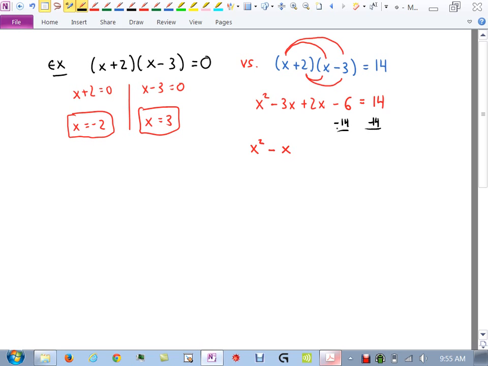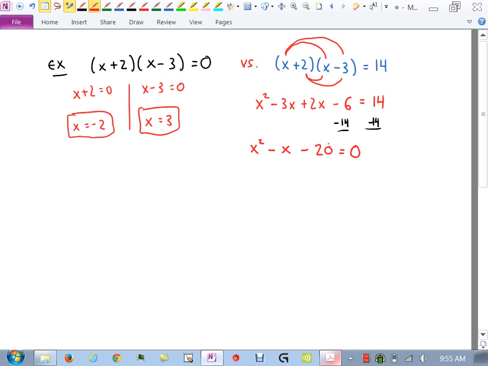And when you do that, I get what? On the right side, I get what? 0, which is what I want. But on the left side, what's negative 6 take away 14? Negative 20, right? Now what we have is a new trinomial equal to 0, don't we?